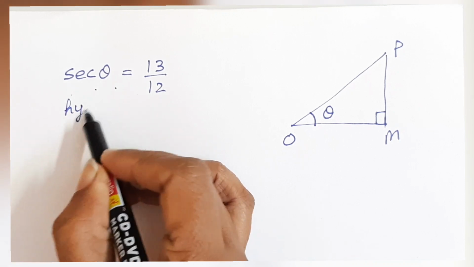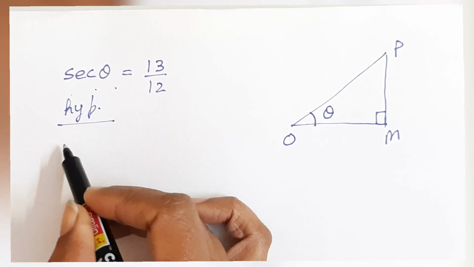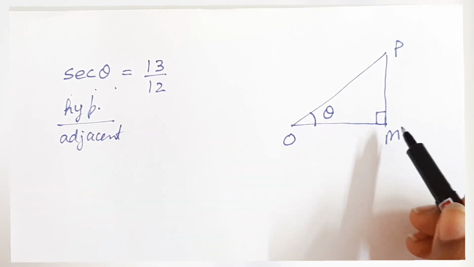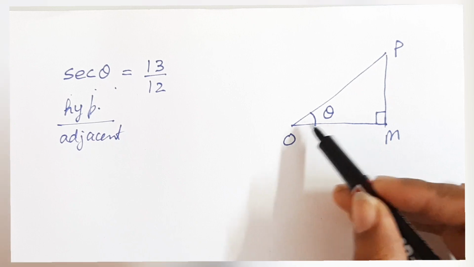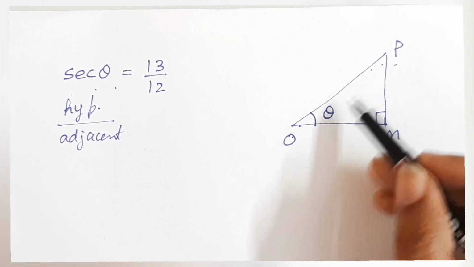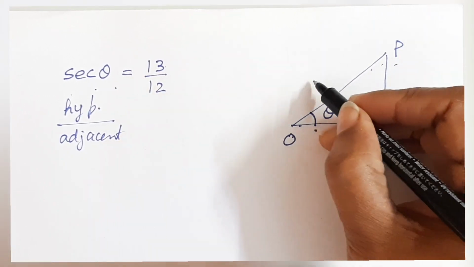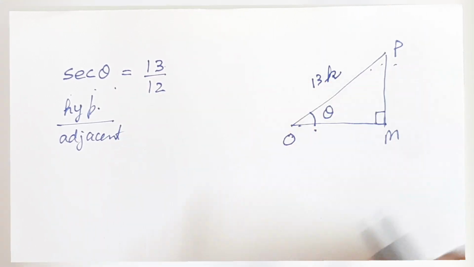Now students, we know that secant theta is hypotenuse upon adjacent side. Right? Now you can see in the diagram, hypotenuse is OP. So let us consider OP as 13K.